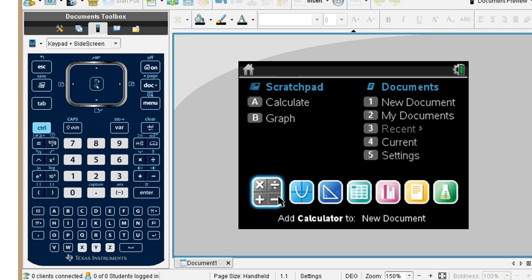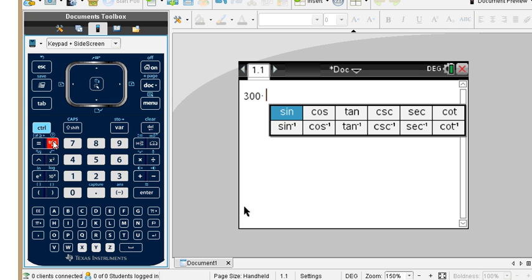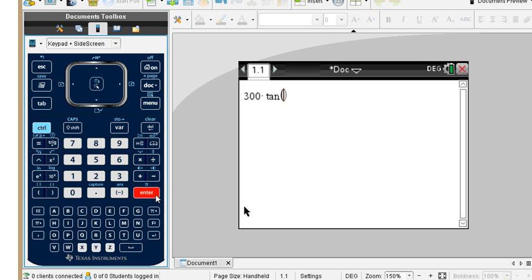So we get a calculator page, and we put in 300 times tangent of 60 degrees, and for that we get 519.615. We're going to round this to the nearest foot, which would give us 3 significant figures.